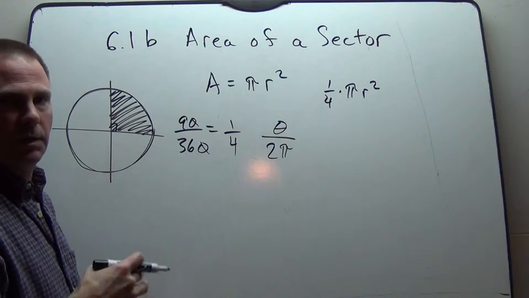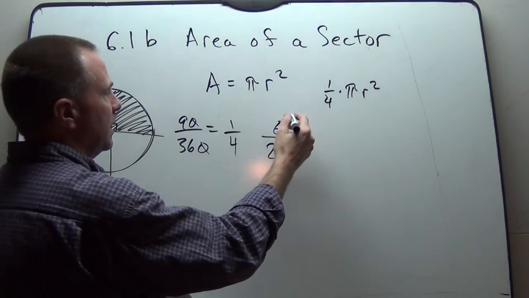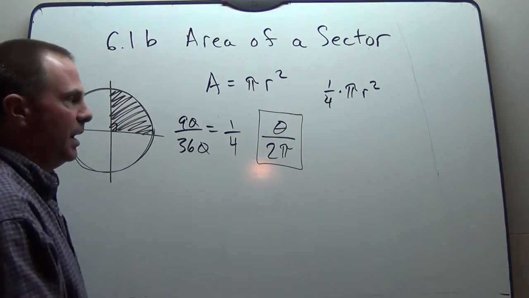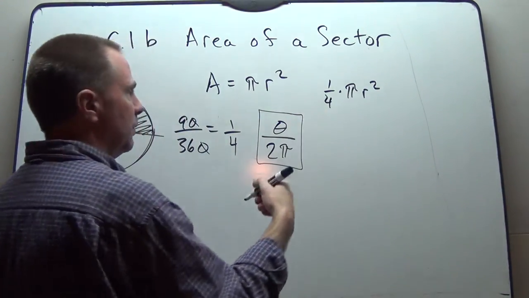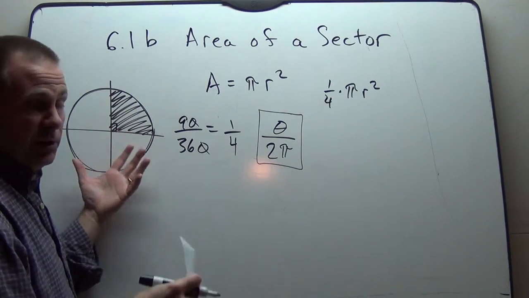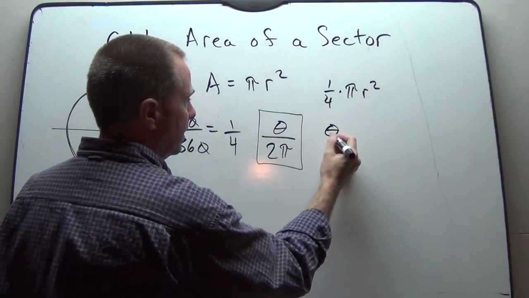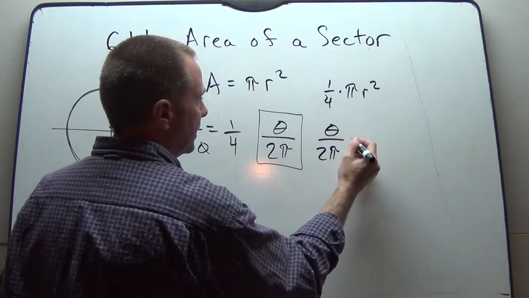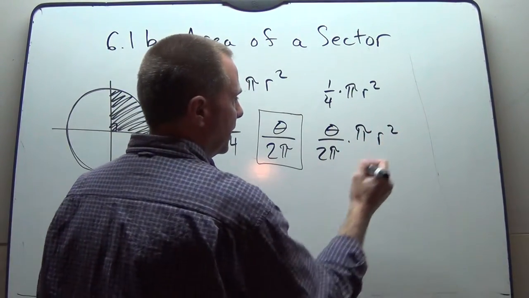Again, since we're going to be talking about radian measurement, that 1/4 is the same thing as saying theta over 2 pi. So instead of saying 1/4 and only saying 90 degrees, no matter how many degrees we have, we'll use this little conversion. Theta over 2 pi, that'll be in this position, times pi r squared.